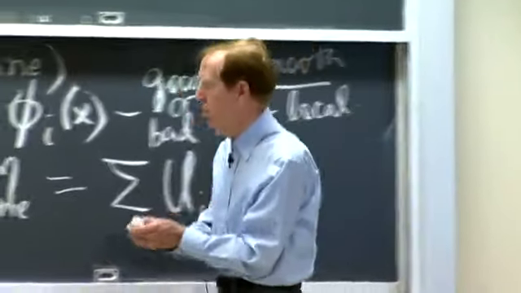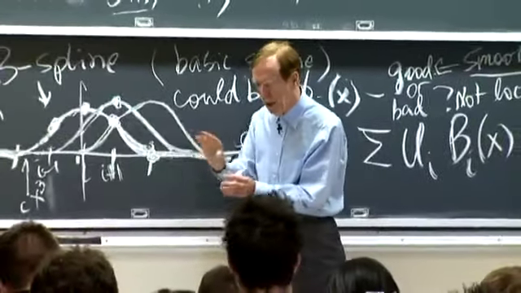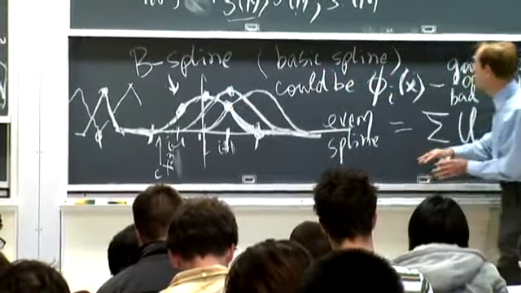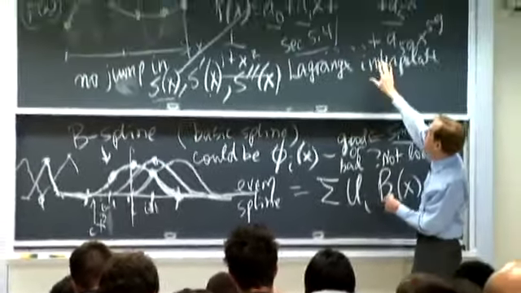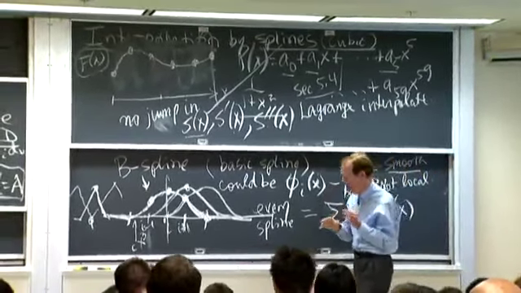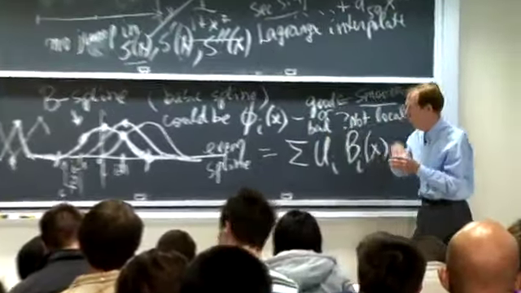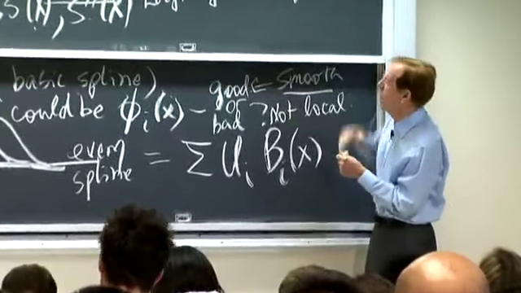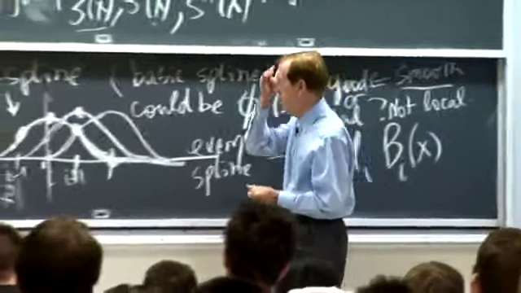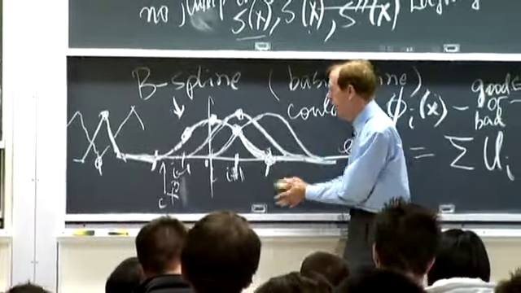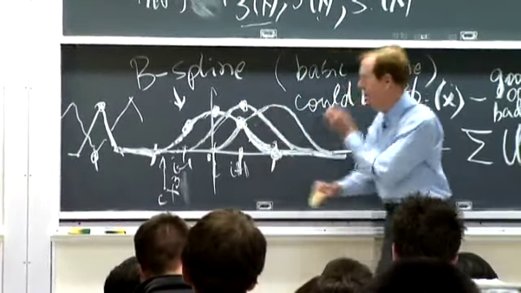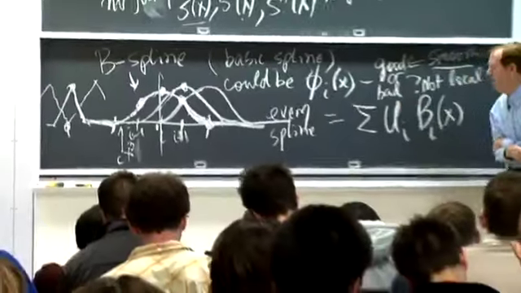It's reasonably local in that there are only 3 functions that are affecting these points. If I used those polynomials, they weren't local at all. A typical x to the 5th is not 0 at any of the points. These B-splines are 0 at a lot of points, but 3 of them, 1, 2, and 3, will be non-zero at a typical mesh point. Okay.